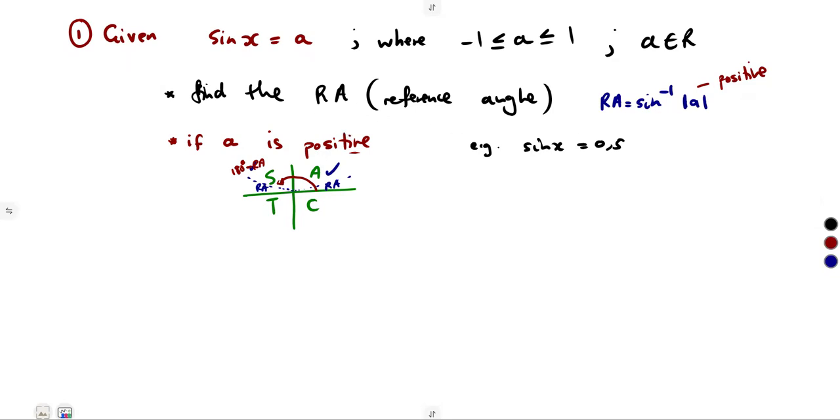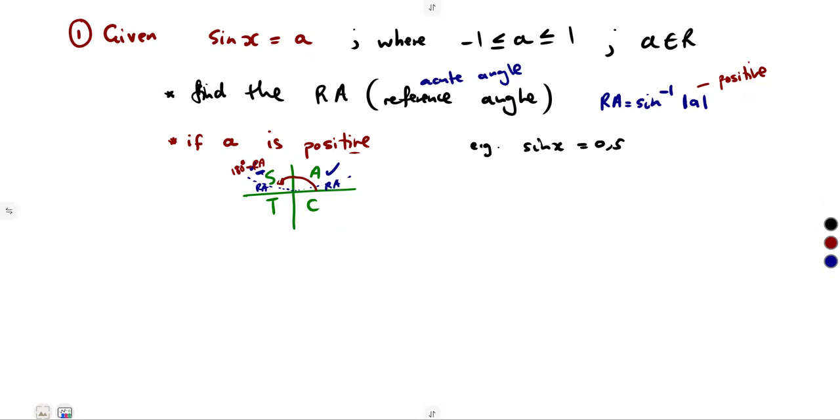The reference angle is always an acute angle. So these were the solutions taken from 0 to 360 degrees.